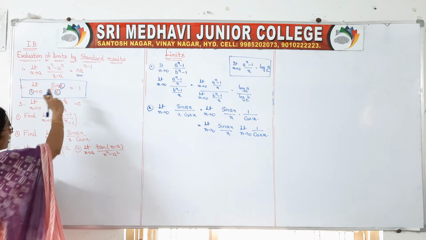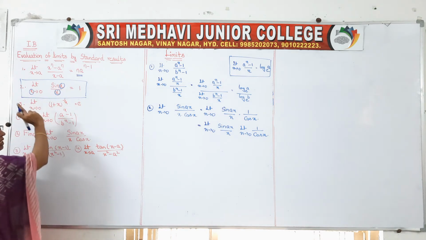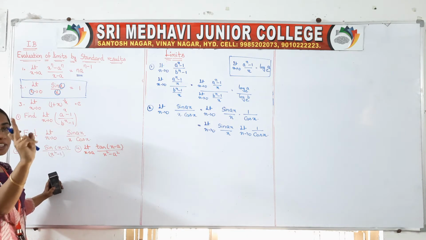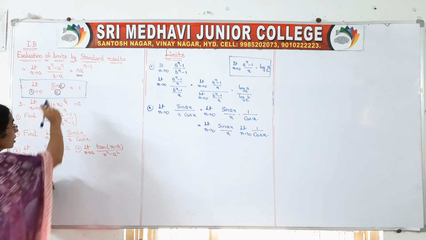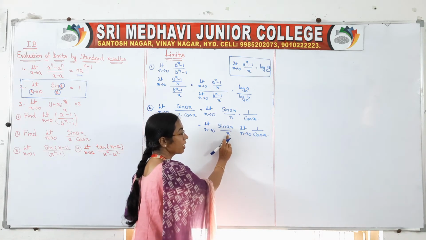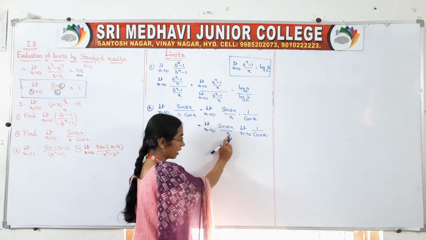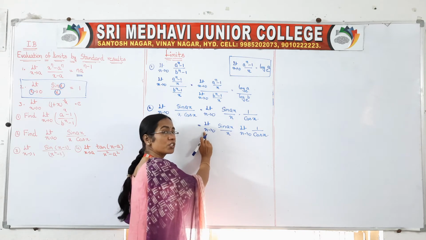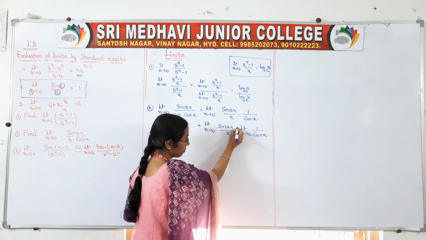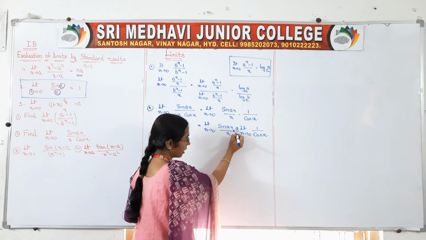Okay, so observe carefully while applying the formula. I said these three terms must be equal, then only we can take that value as 1. So instead of x, here we have ax, so here also we should have ax and here also we should have ax. To get ax here we will multiply and divide with a.